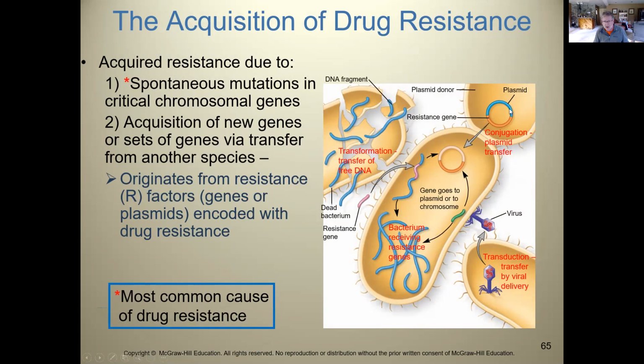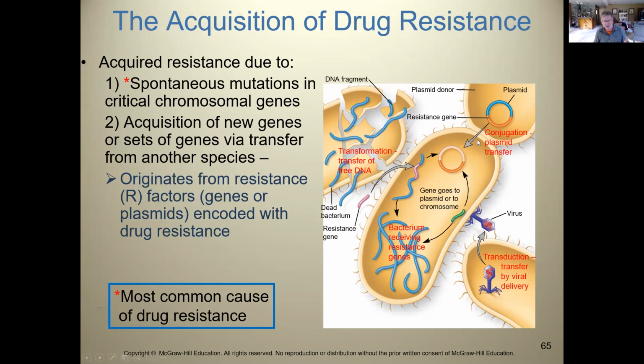The other mechanism we talked about in that chapter was the transfer of a plasmid. In this case, we call it an R factor plasmid, R standing for drug resistance, not to be confused with F factor plasmids, which allow the cell the ability to produce the sex pilus, which is needed for conjugation.